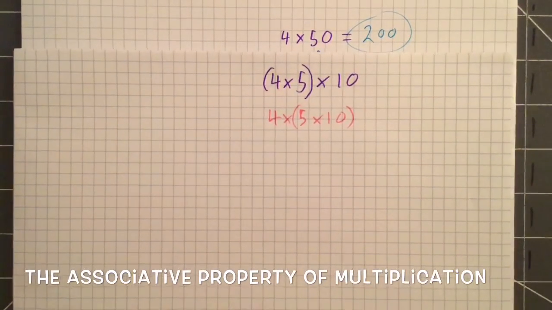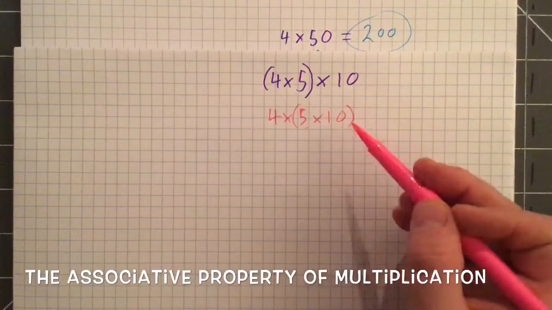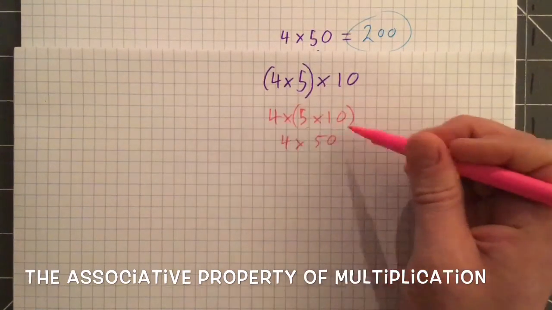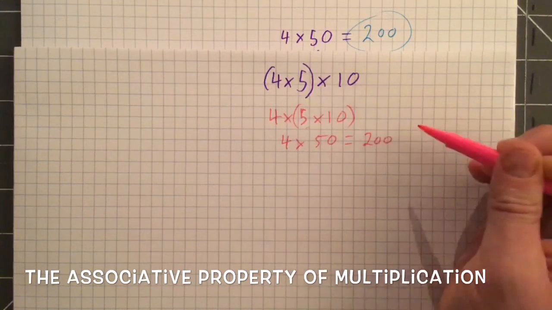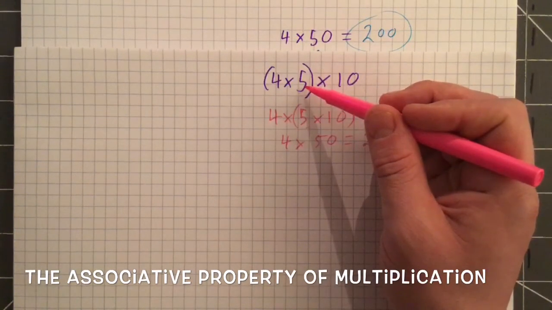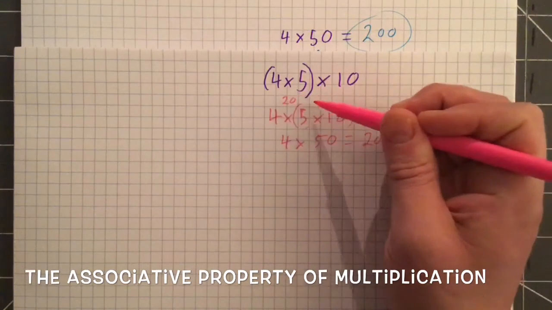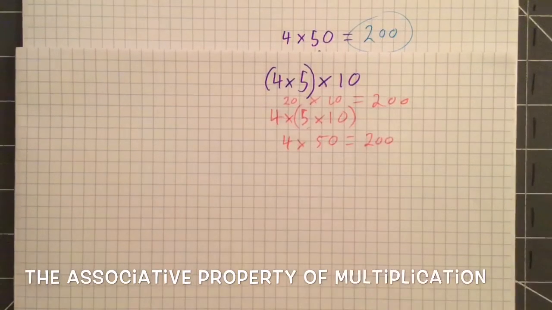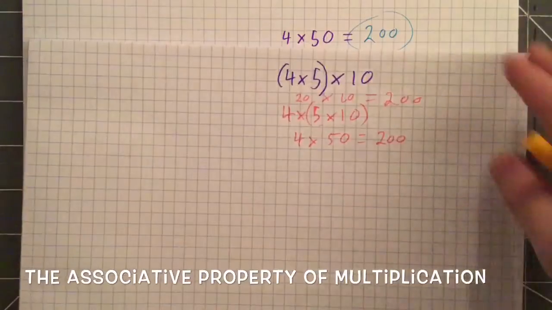Would I get a different answer? 5 times 10 is 50. And 50 times 4 is still 200. Up here, 4 times 5 is 20. And 20 times 10 is 200. We moved those parentheses around, the order in which we did the multiplication, and we came out with the same answer.